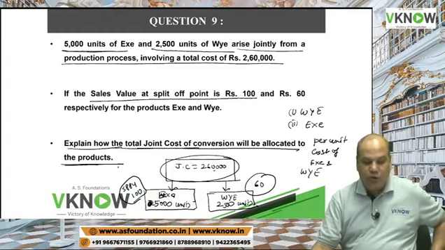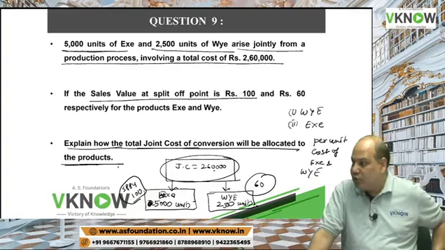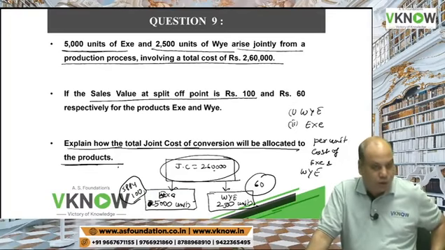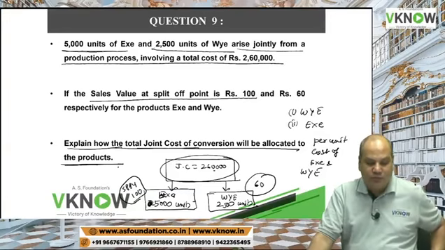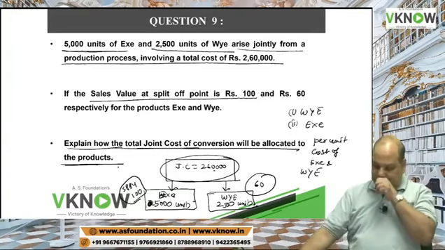First you tell me allocation of total cost between the two products, and then you tell me cost per unit of X and Y. Any response? All of you should participate.